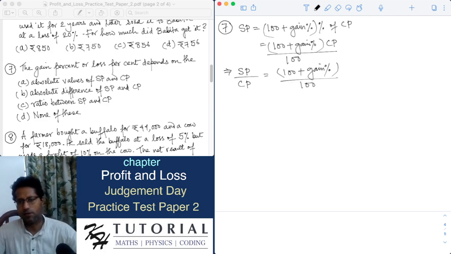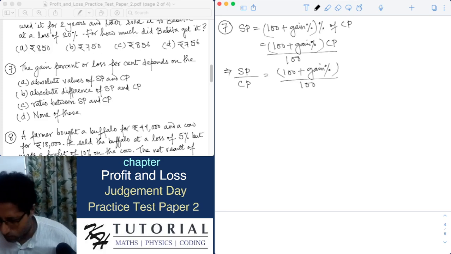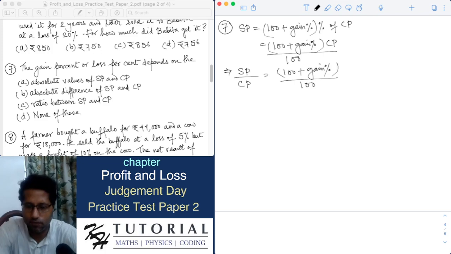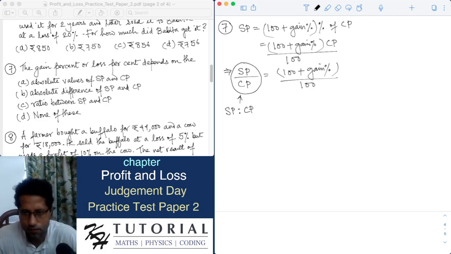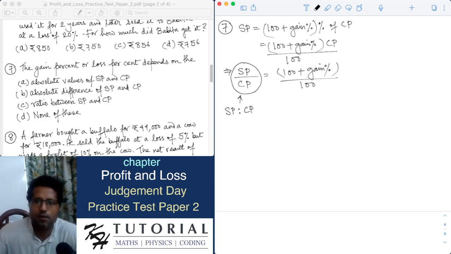Now clearly we can see that if we need to find the gain percent, we need just the SP by CP value. This is the ratio of SP to CP, or we can also know CP is to SP. Either way, if we know SP by CP, then we can find the gain percent.